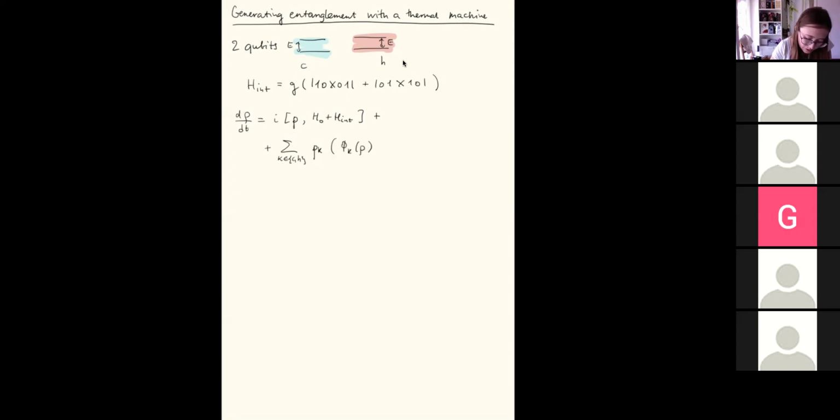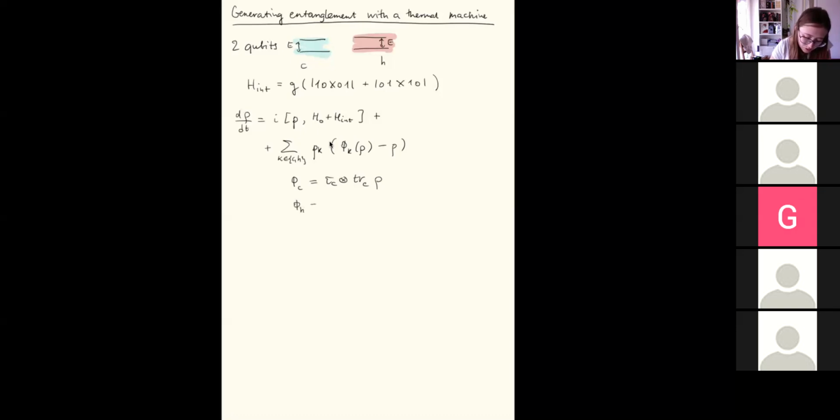And this will be phi_k of rho minus rho, where phi_k for the cold bath is when the cold bath goes in, the cold qubit goes into its thermal state, and the hot qubit we just trace out essentially from the initial state, the state of the C, and that will be the state of our hot qubit.